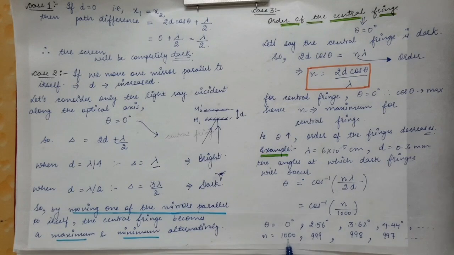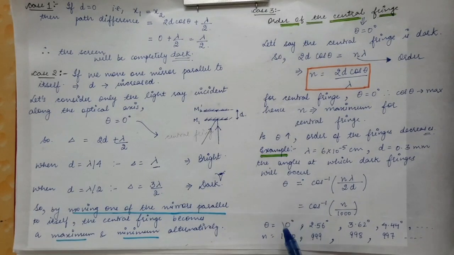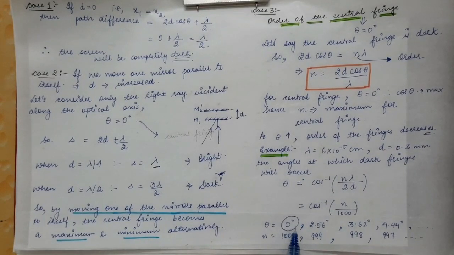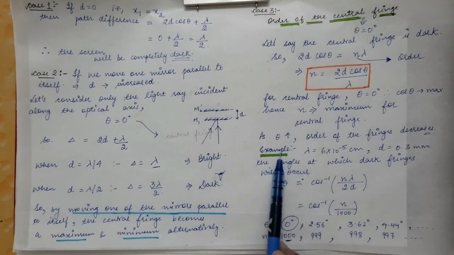As you can see clearly from over here, theta is equal to 0 is the case of the central fringe. So you can see that for the central fringe the order is maximum as compared to all the other fringes. All the other fringes will have order less than 1000, particularly in this case.